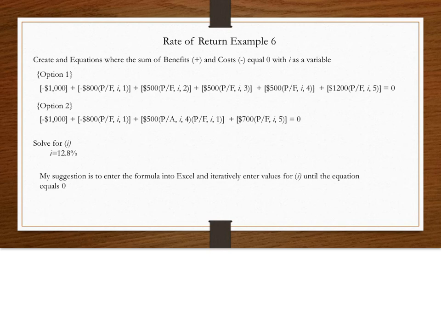In either case, we take our costs and our benefits, our costs being negative and our benefits being positive, and set them equal to 0 with I as our variable. Understand that these are just notations.